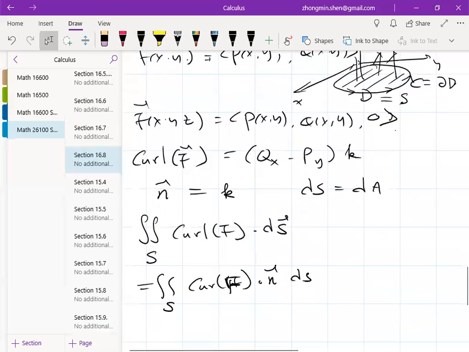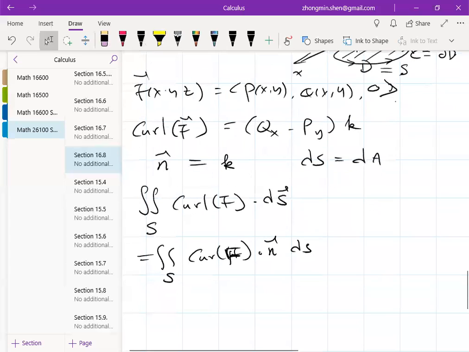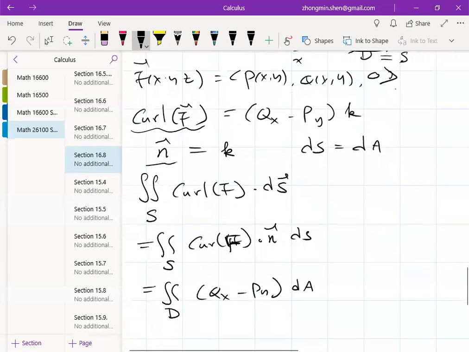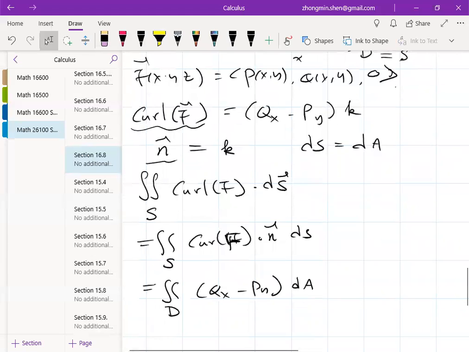Since the normal vector is just k, this is going to be nothing but the double integral of Q_x minus P_y dA. You see, the dot product of these two terms is just Q_x minus P_y, and dS is just dA.